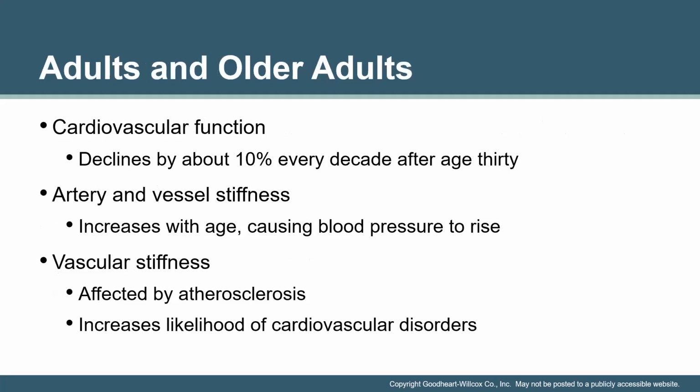Now, when we get into adulthood and older adults, the cardiovascular function declines about 10% every decade after age 30. The arterioles and vessels will become more rigid, which will cause the blood pressure to rise. And then when we have that vascular stiffness, this is affected by atherosclerosis, and increases the likelihood of cardiovascular disorders and events.